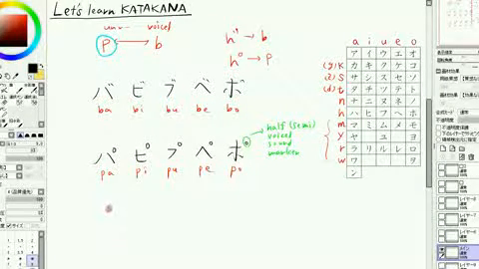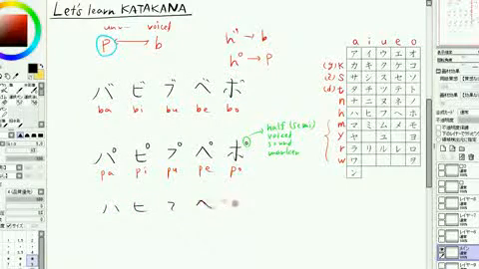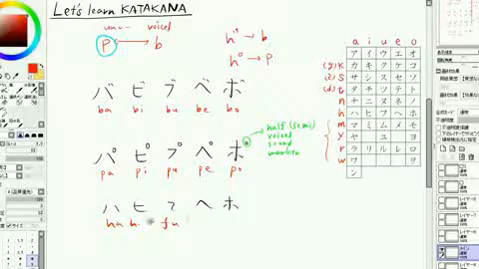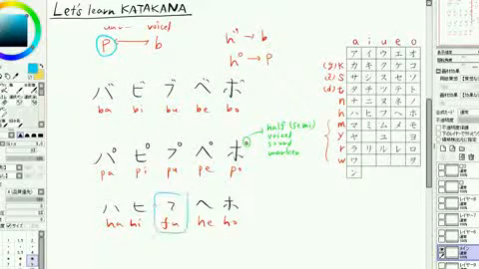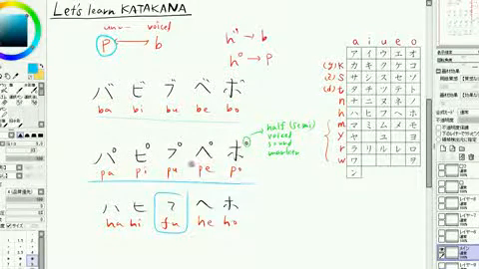And the normal version of the H row was ha, hi, fu, he, ho. It's not the English fu, so you have to be careful on this one. But P and B don't have that problem. It's the same sound throughout the row.